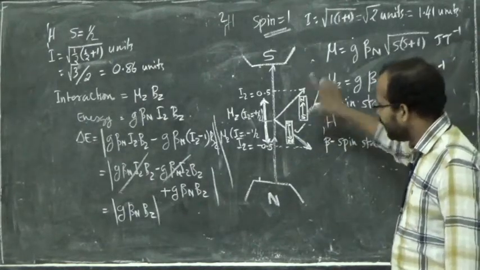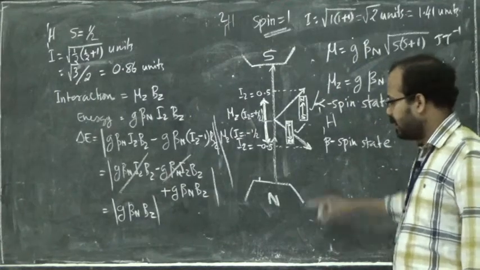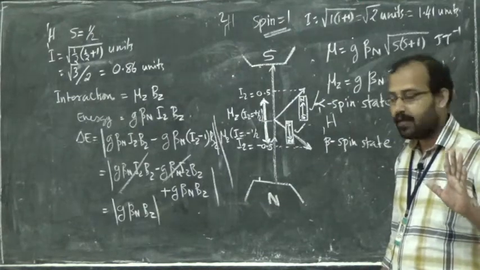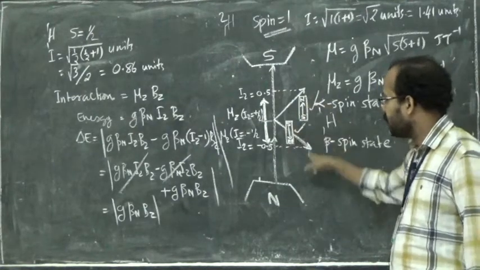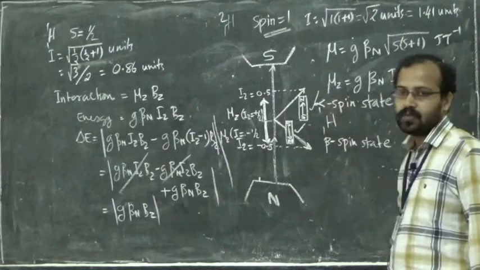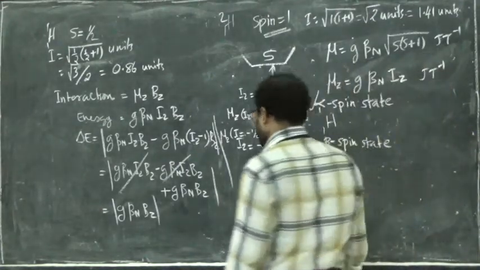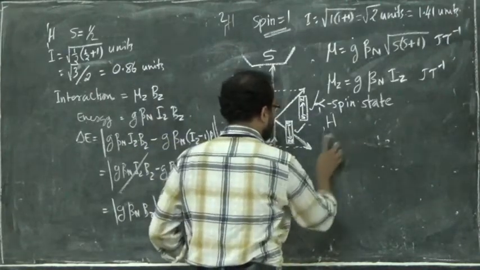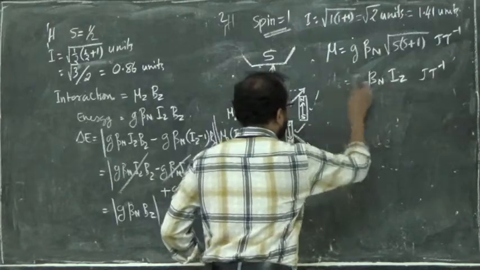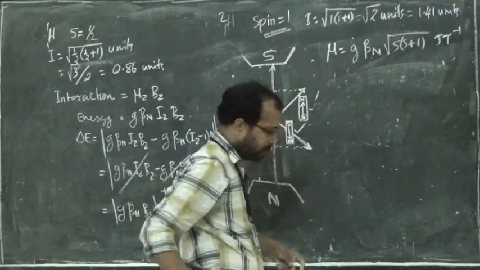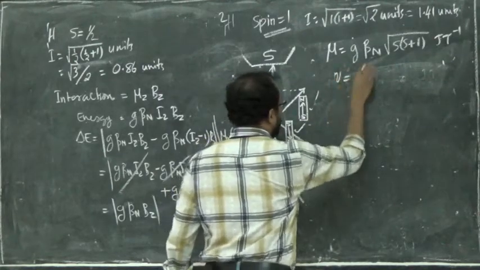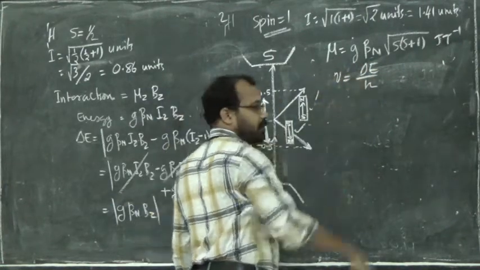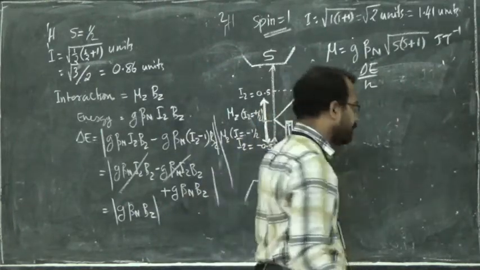So it means there is an energy difference, and corresponding to that energy difference there will be a frequency. So we can find the frequency corresponding to the energy difference between these two spin states. The frequency nu is equal to delta E divided by h, because we know that E is equal to h nu, therefore nu is equal to delta E divided by h.